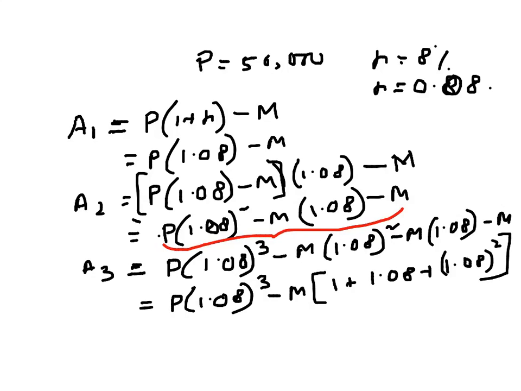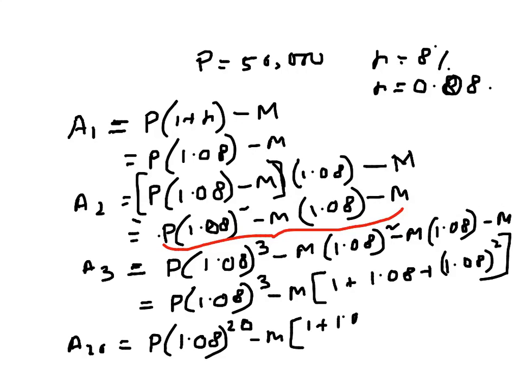So exactly after 20 years it will be A20, and that will be P(1.08)^20 minus M(1 + 1.08 + 1.08² up to 1.08 to the power 19), one less as always.